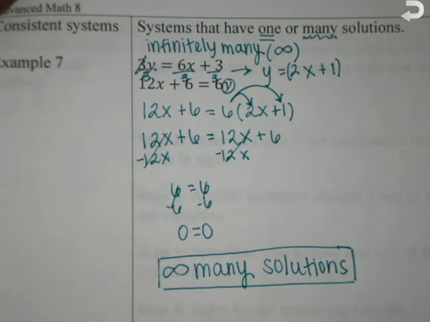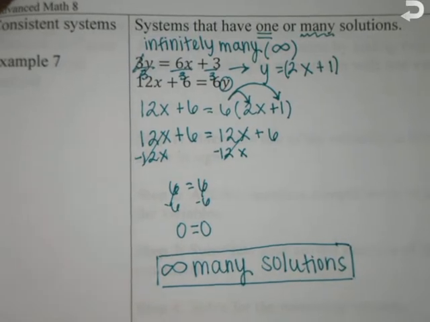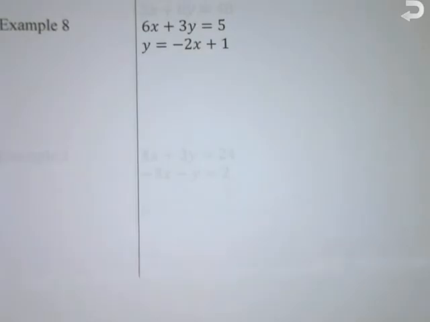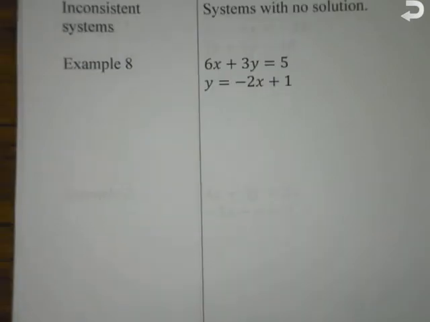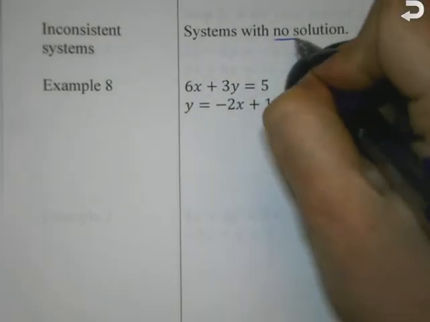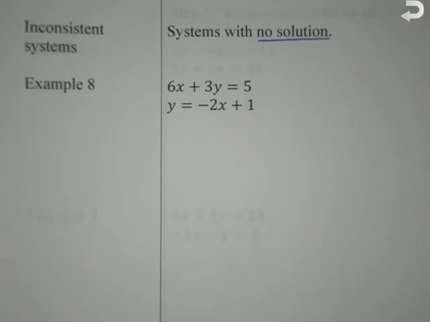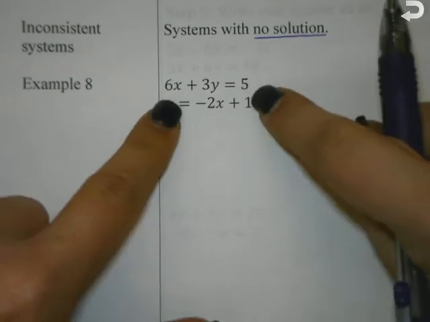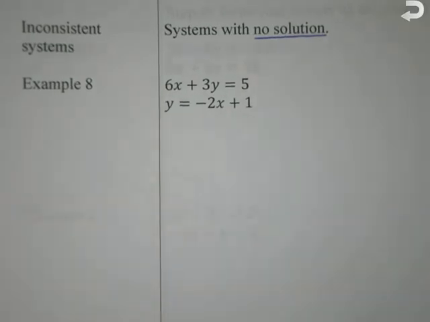So what does it look like if there is no solution? We call that an inconsistent system. So inconsistent systems are systems with no solution. And I'll show you what that looks like in example 8. So write down example 8 and the definition, and then we'll be done.